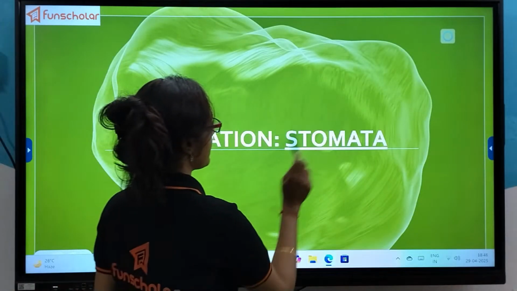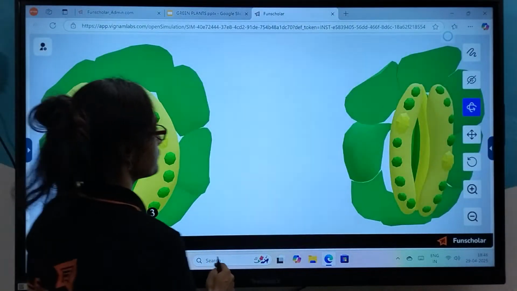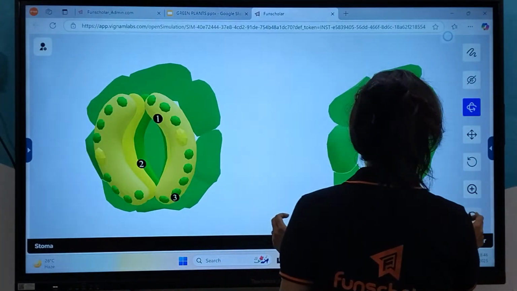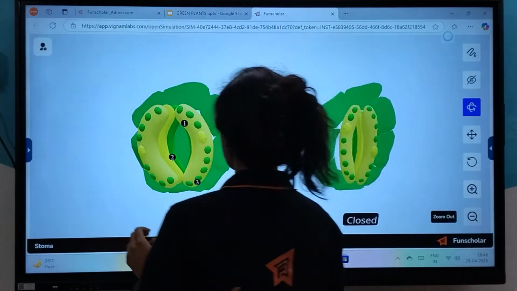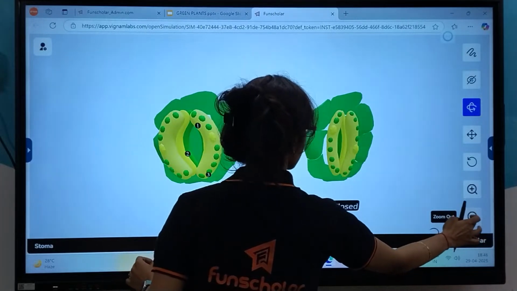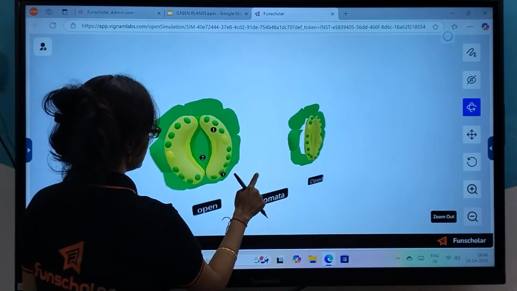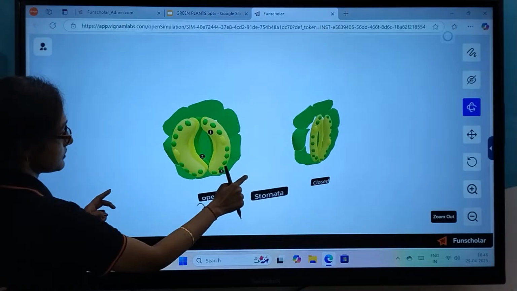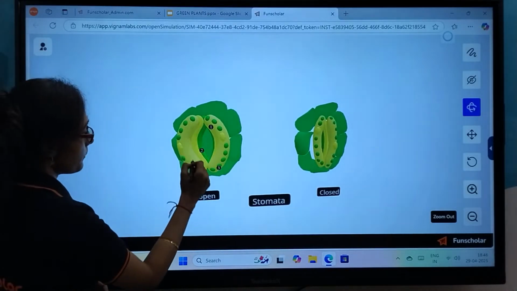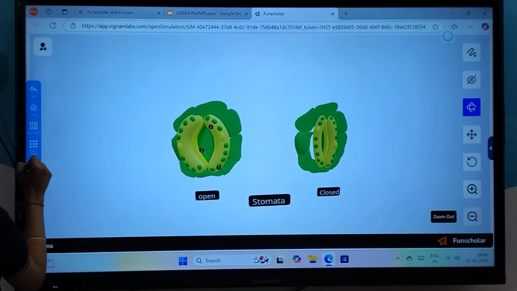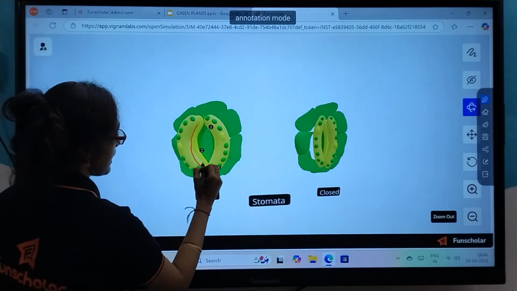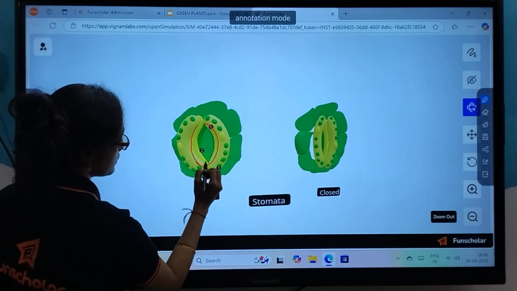Okay. Now I'll show you the structure of stomata. See, when it is opened, then it is having a hole. Okay?